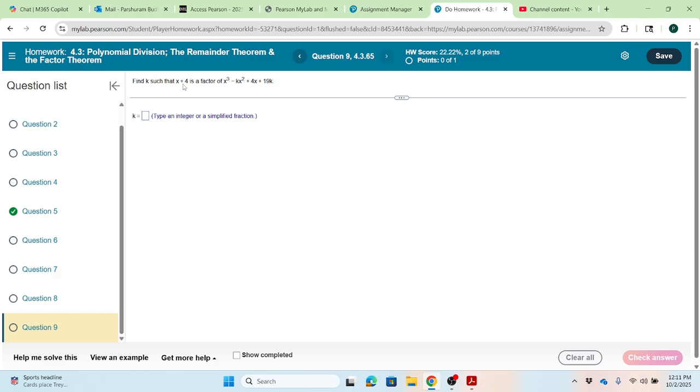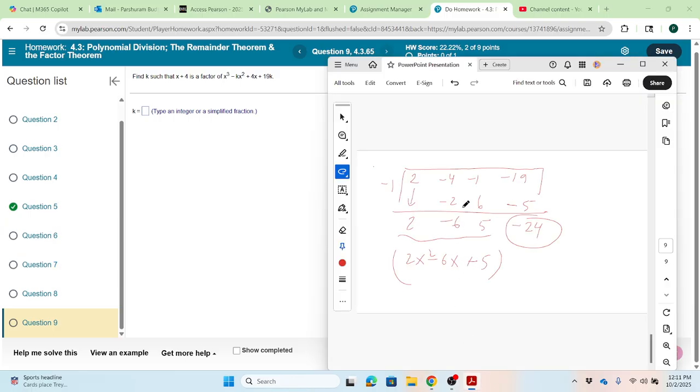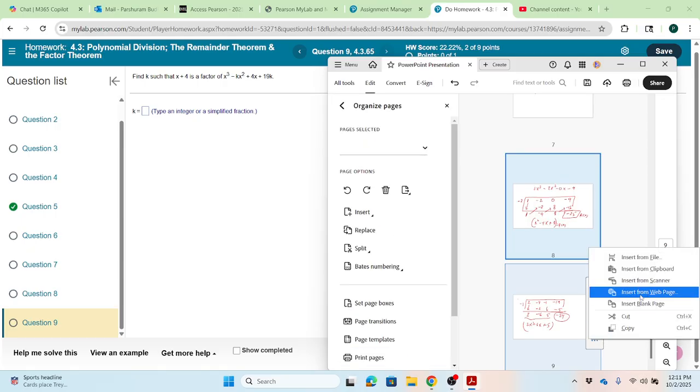Find k such that x plus 4 is a factor of this. x plus 4 is the factor, so there is no remainder. How do you find that? If something is a factor, then the remainder is 0 from the factor theorem.